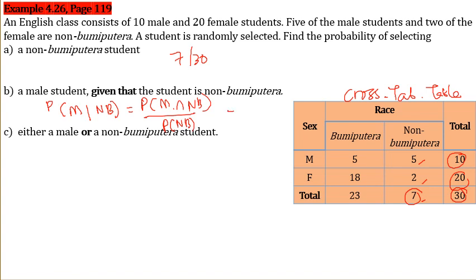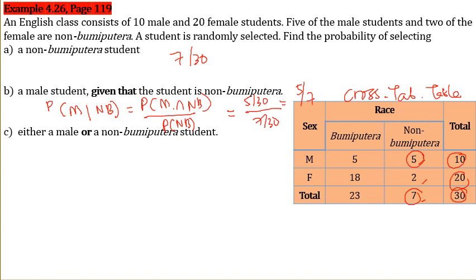So male and non-Bumiputra is 5 over 30, over probability of non-Bumiputra, which is 7 over 30. We got the answer is 5 over 7.